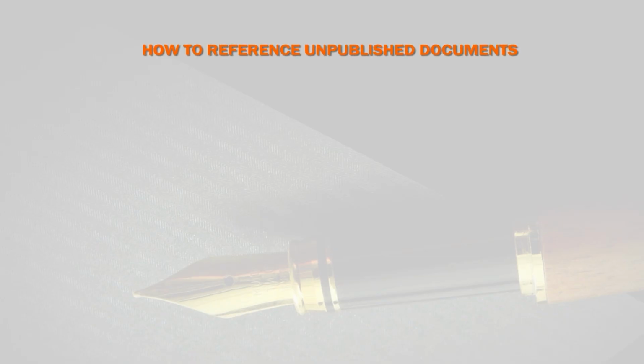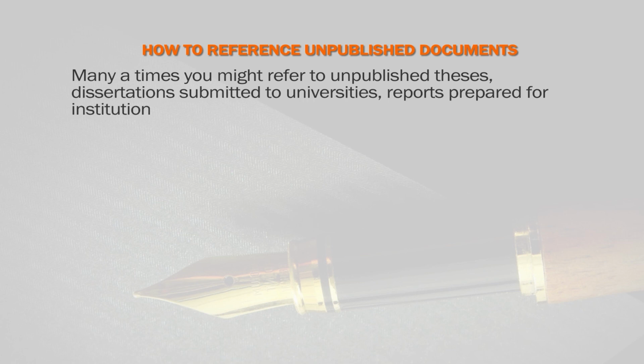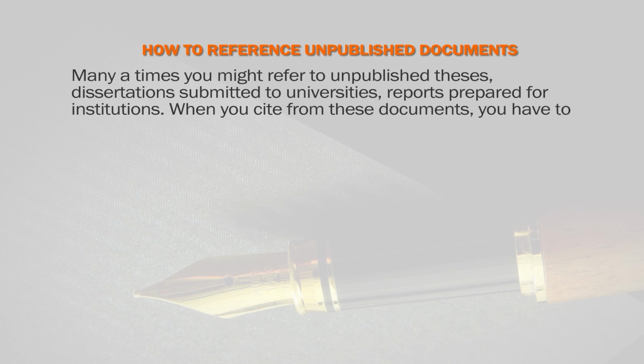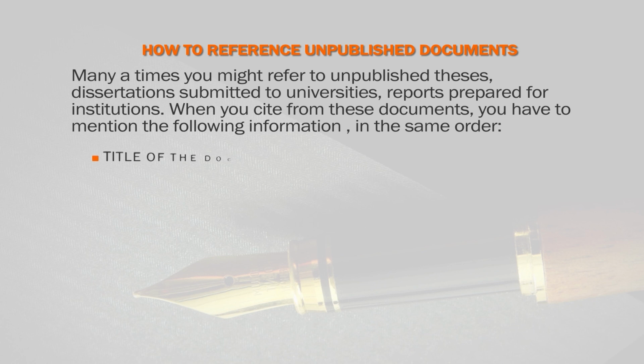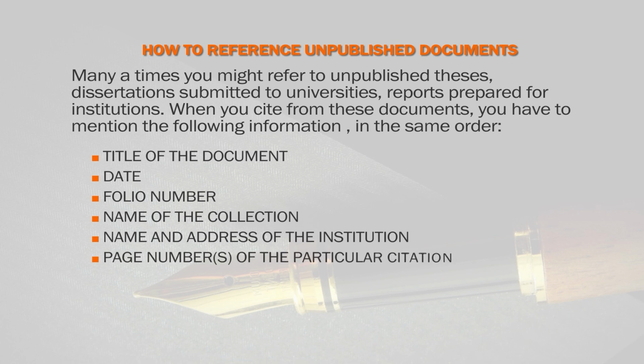Then when you are referencing unpublished documents, many times you might have to refer to unpublished theses, dissertations submitted to universities, reports prepared by institutions. And when you cite from these documents, you have to mention the following information in the same order: title of the document, date, folio number, name of the collection, name and address of the institution, page numbers of the particular citation.